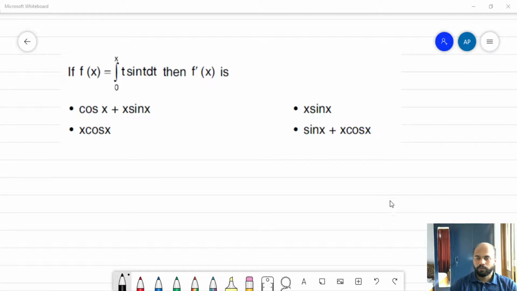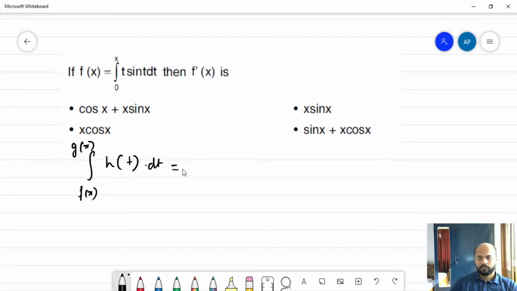Let's take up the last problem of the day, in which we're going to use a rule called the Newton-Leibniz rule. So let's say we have something like this: f of x, and this is g of x, and here there is h of t. Now, how to apply this?